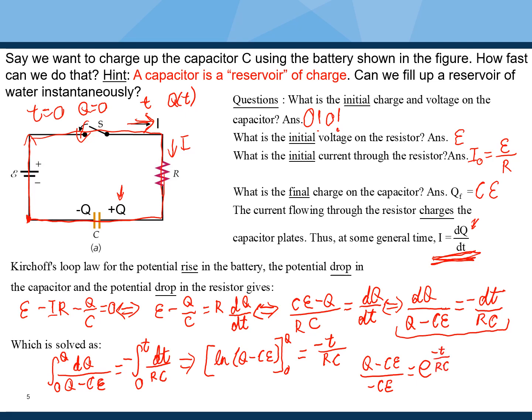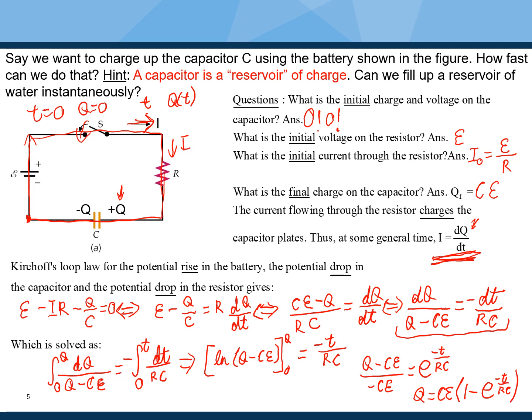And then it's very easy for me to massage this equation and write it as our final desired equation, which is that Q is equal to C times E times (1 minus e raised to minus t divided by RC).